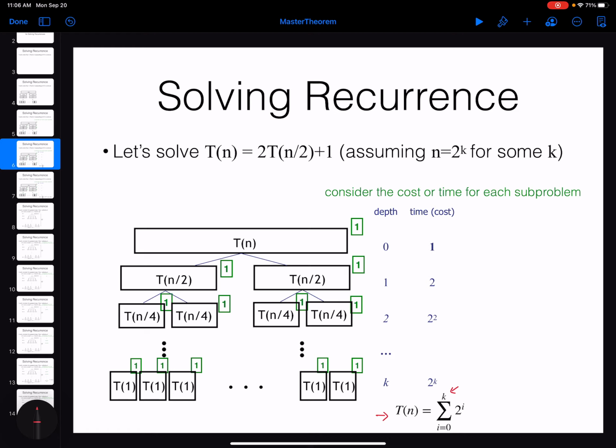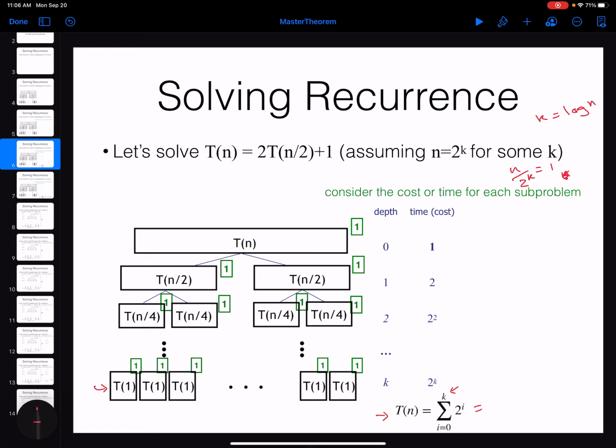What is k? k tells you that when you reach the leaf level, where n divided by 2 to the power k is equal to 1, k will be equal to log of n, right?